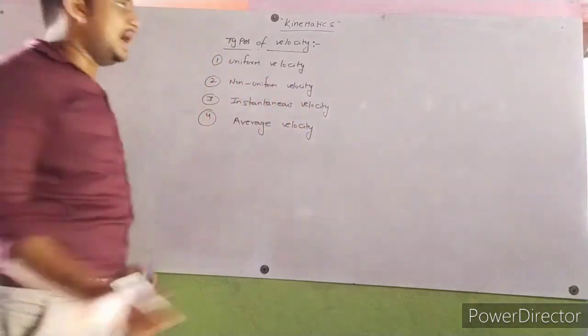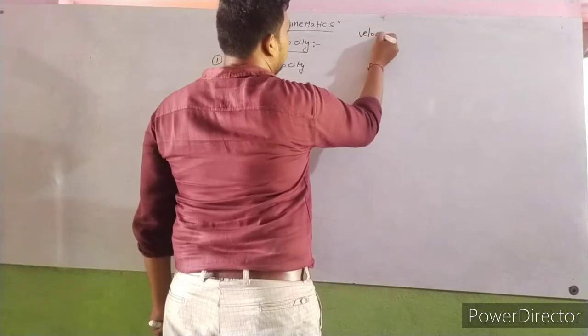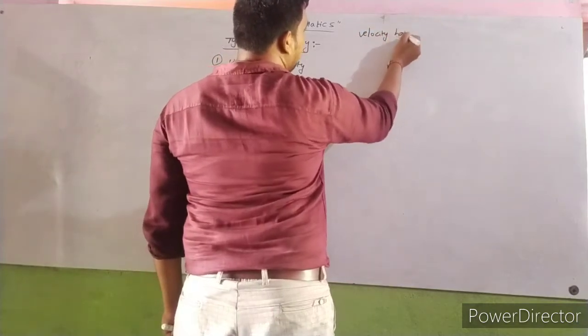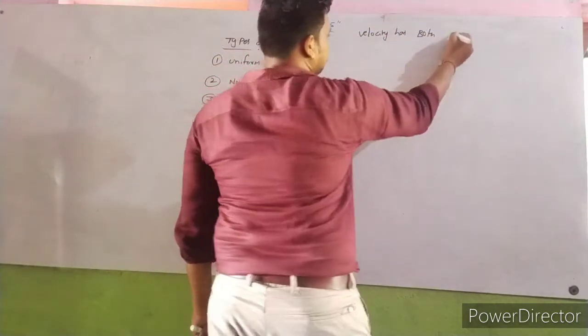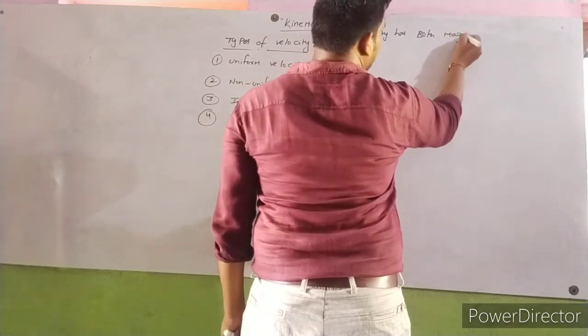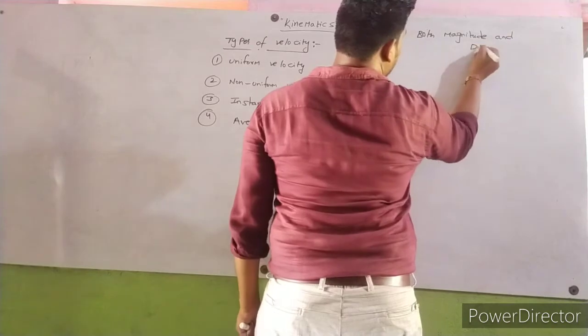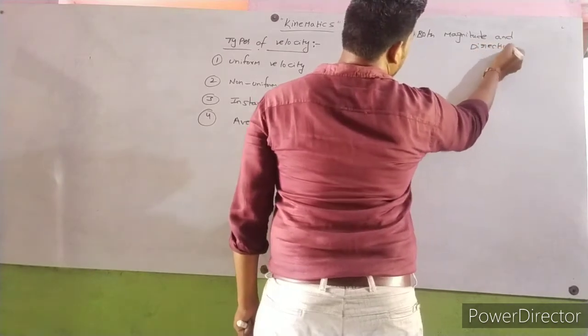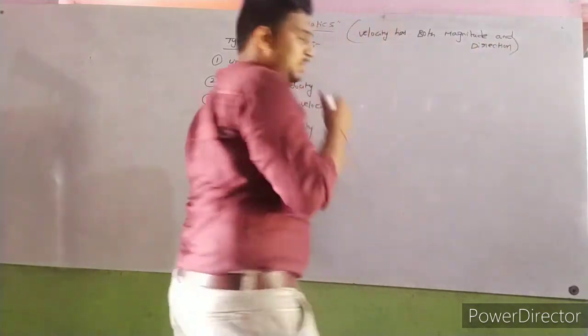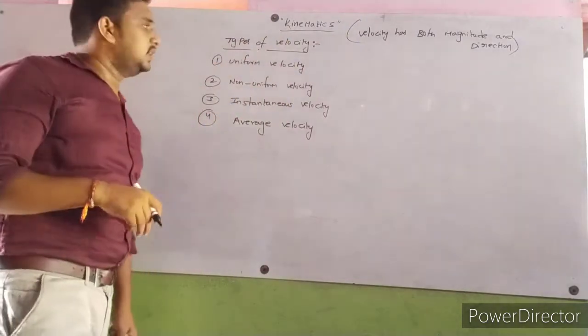Velocity has both magnitude and direction because velocity is a vector quantity. Is it or not?